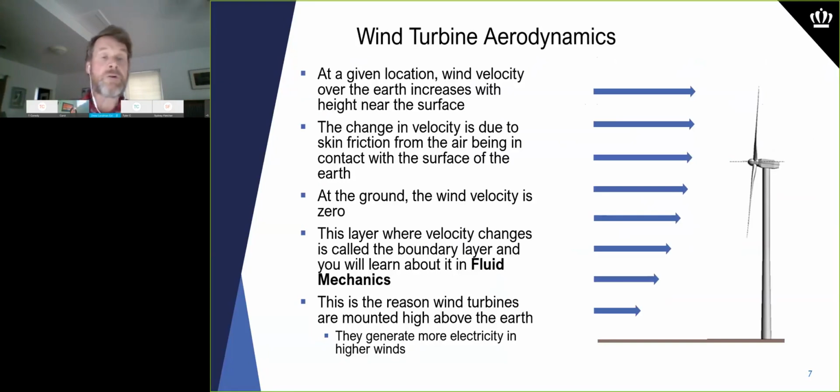And this is something that you'll learn about in fluid mechanics. Okay, that's our first course that we're identifying in mechanical engineering. We also talk about this in aerodynamics as well. And this is the reason that wind turbines are mounted high above the earth, because we'd like to get those blades into the higher velocity flow of air so that they can extract more energy.